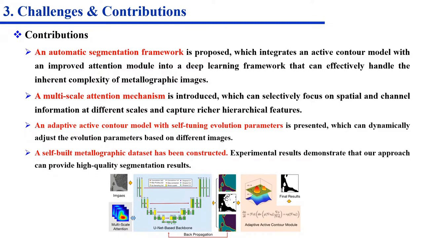Secondly, a multiscale attention mechanism is introduced, which can selectively focus on spatial and channel information at different scales. Thirdly, an adaptive active contour model with self-tuning evolution parameters is presented. Finally, a self-built metallographic dataset has been constructed.